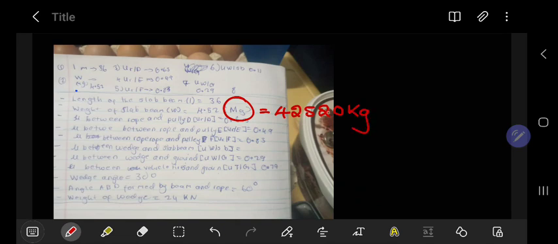If you convert megagrams to kgs, this is how it is going to look like. Now, if you multiply it by 9.8, it's going to give you what the weight is in newtons, and that is going to be 416,696 newtons. So this is if we're taking the units here to be megagrams.